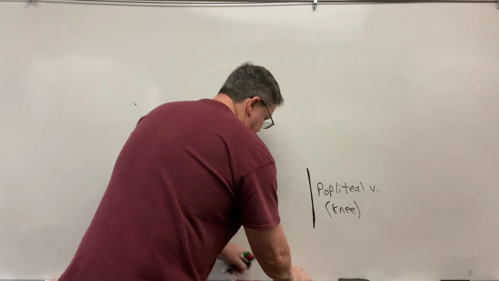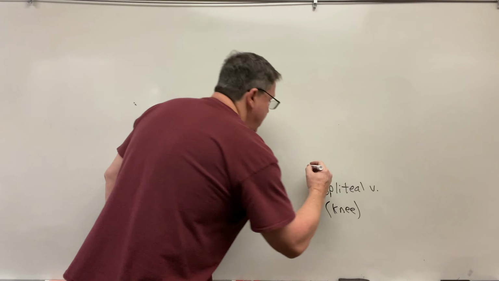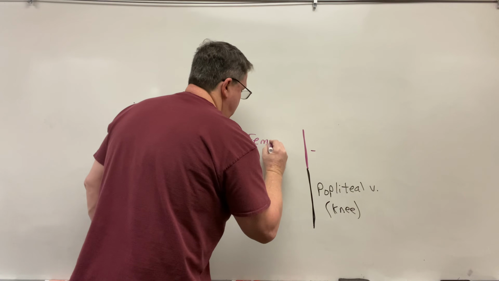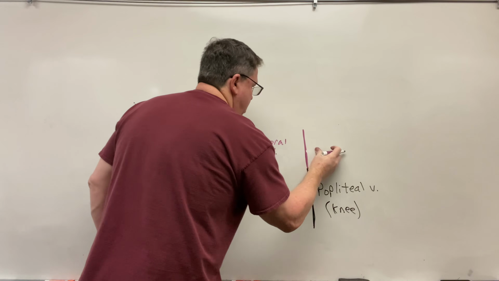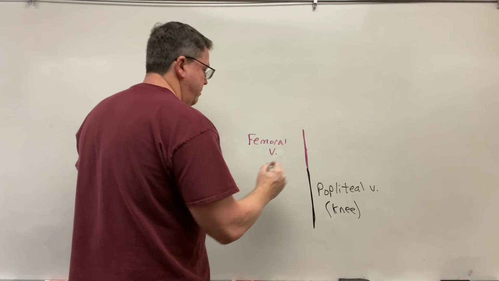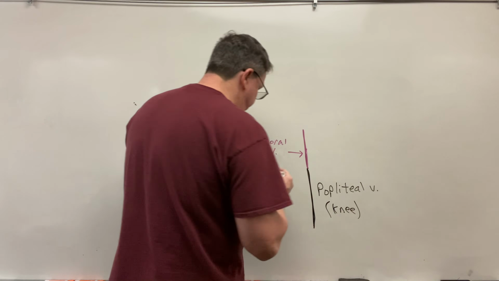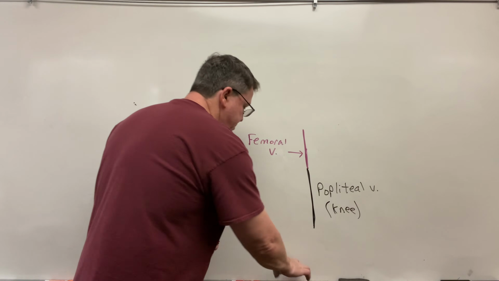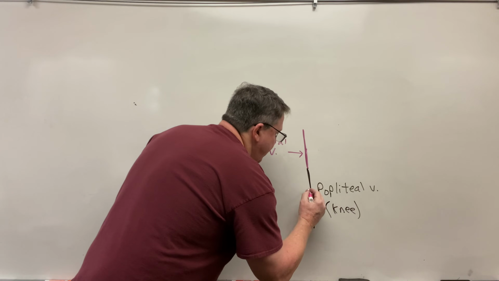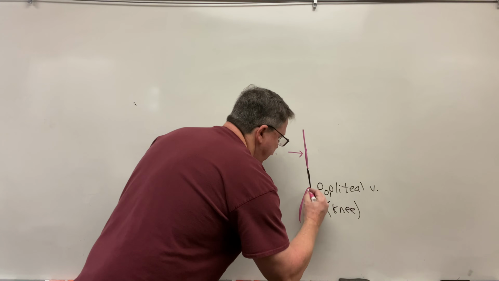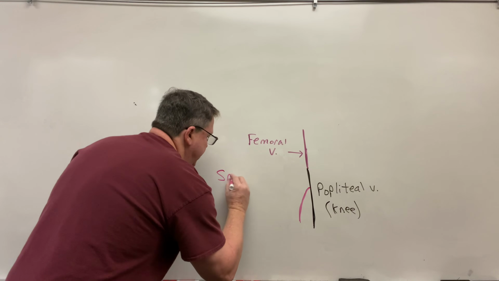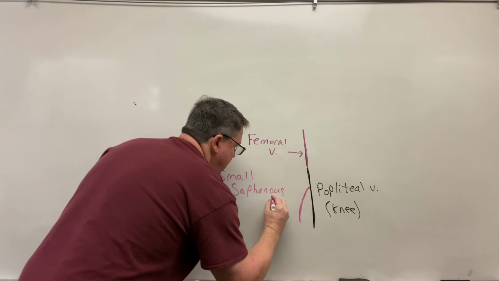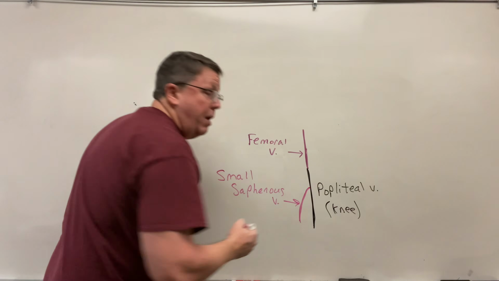Then, when the popliteal vein gets into the thigh, it becomes the femoral vein. And going back real quick to this popliteal vein, I've mentioned this before, but I'm going to mention it again. I had that saphenous vein, the small saphenous vein. My small saphenous vein is going to drain into the popliteal vein. So this is my small saphenous vein, and it's draining into the popliteal vein.